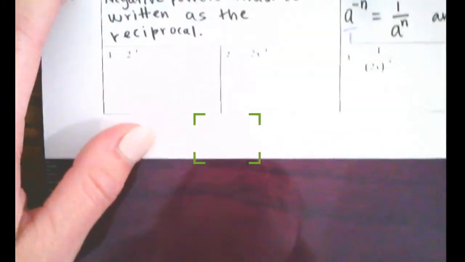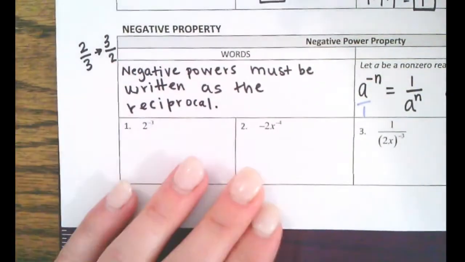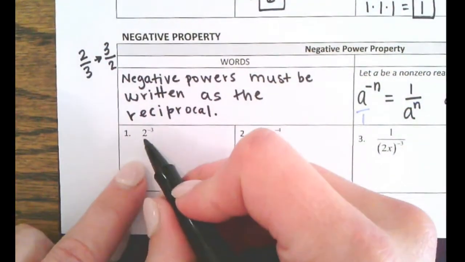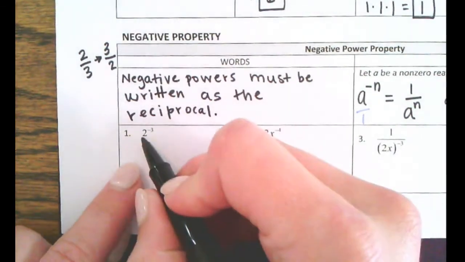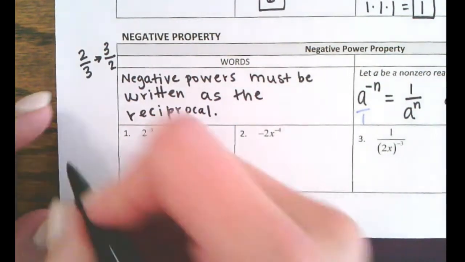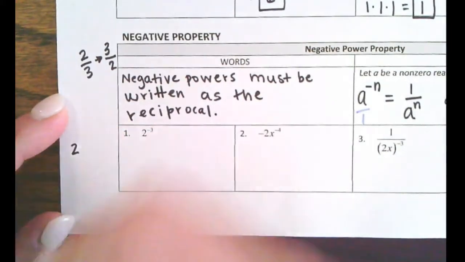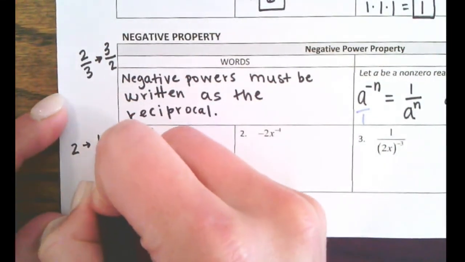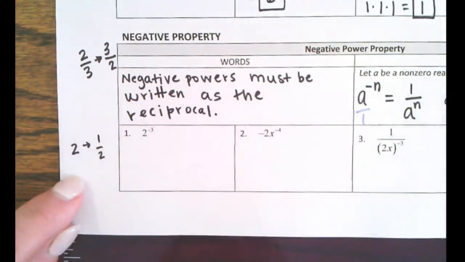So the first problem, trying to make this a little more clear, 2 raised to the negative 3. I have to write this as the reciprocal. Well, 2's reciprocal is written as 1/2, because this is technically 2 over 1.